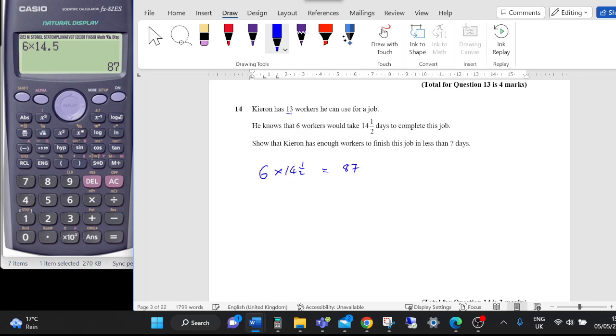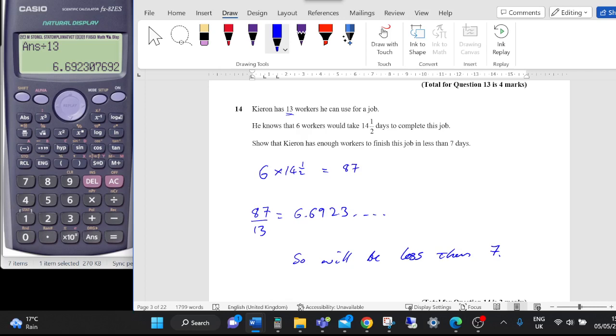I've got 13 workers, so if I do 87 divided by 13, then they can complete the job in 6.69 days, 6.923 days, so it will be less than 7. And we can do it with a ratio table. I find the ratio table explains it better, but it just takes a bit longer to do.